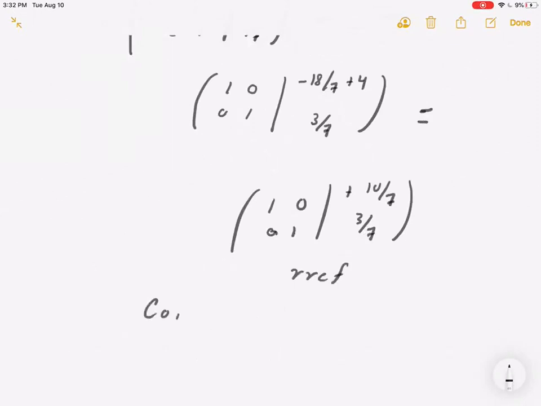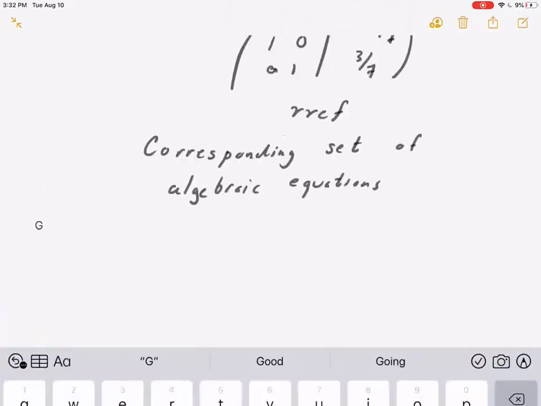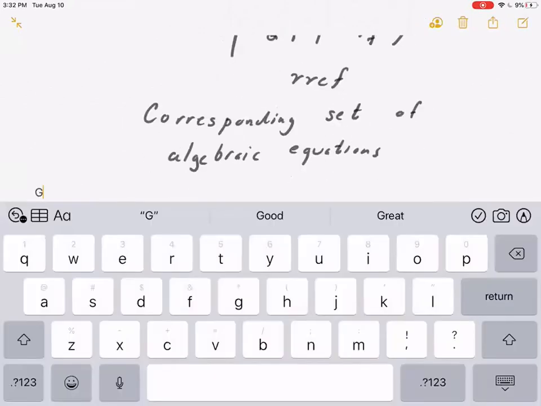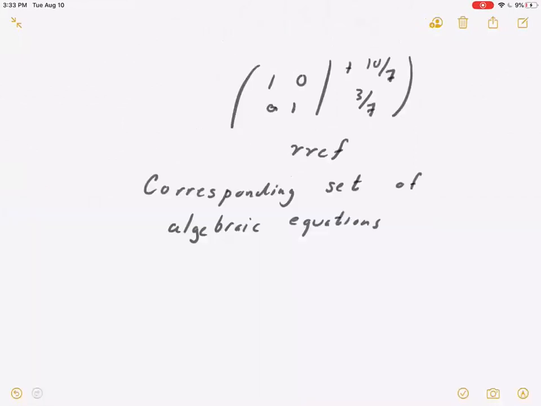So the corresponding set of algebraic equations, starting from the bottom and going up, are that y asterisk is 3/7 and x asterisk is 10/7.